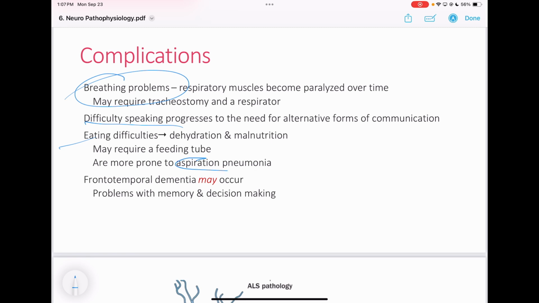Therefore, they are more prone to aspiration pneumonia. That's when you choke on your food and breathe in, and the food particles go into the lungs. You've aspirated the contents, and that food or gastric juices in your lungs are going to cause problems there.